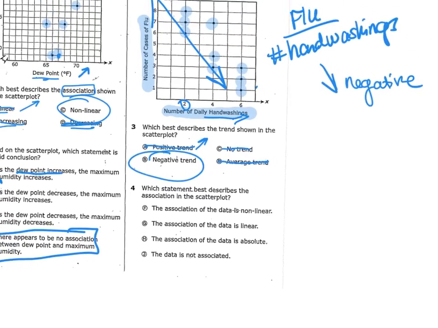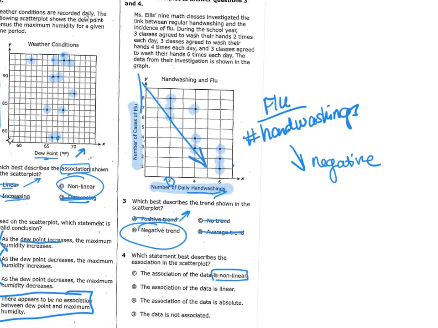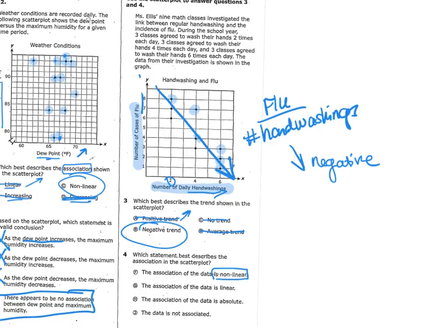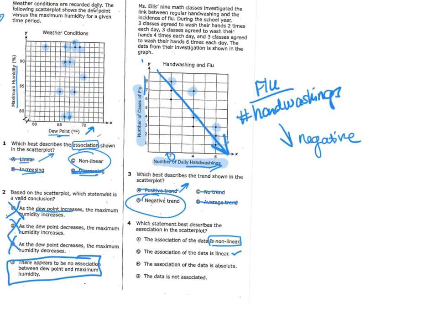4, which statement best describes the association in the scatter plot? The association of the data is nonlinear. Well, really, we could draw a fairly straight line through those points. It could make a line. G, the association of the data is linear. Possibly. The association of the data is absolute. The data is not associated.